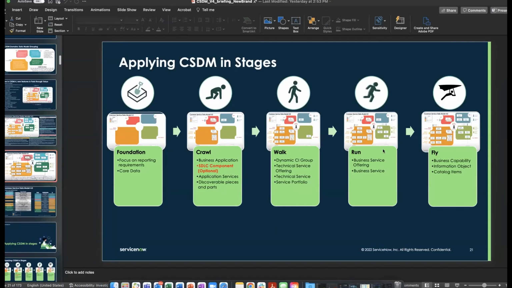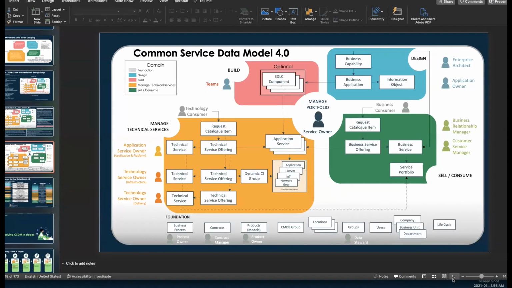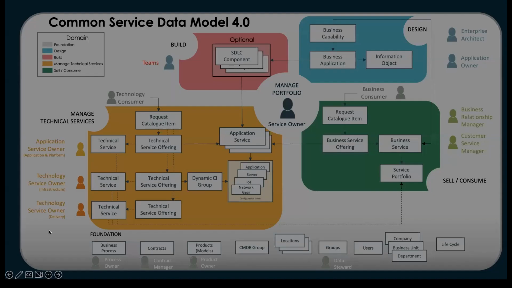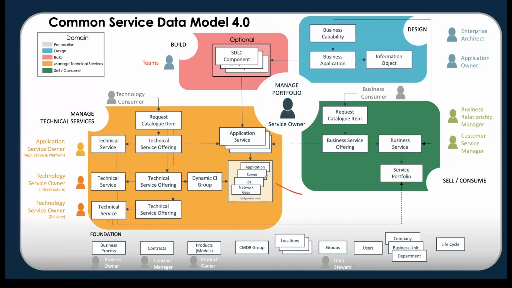So coming back to CSDM real quick. Let me go full screen. What that's doing is, if the incident form has the CI selected down here, so this is the CI on the form, this is the lowest level detail that you can get to.